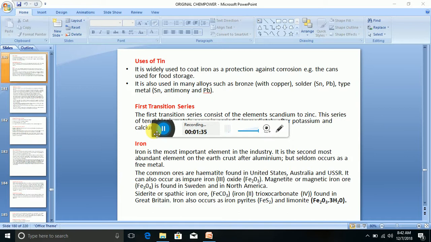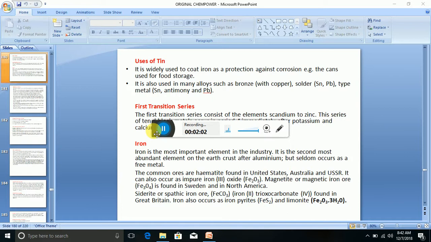It can also occur as impure iron(III) oxide, magnetite, or magnetic iron ore, which is found in Sweden and in North America. Siderite or spathic iron ore, iron(II) trioxocarbonate(IV), found in Great Britain.